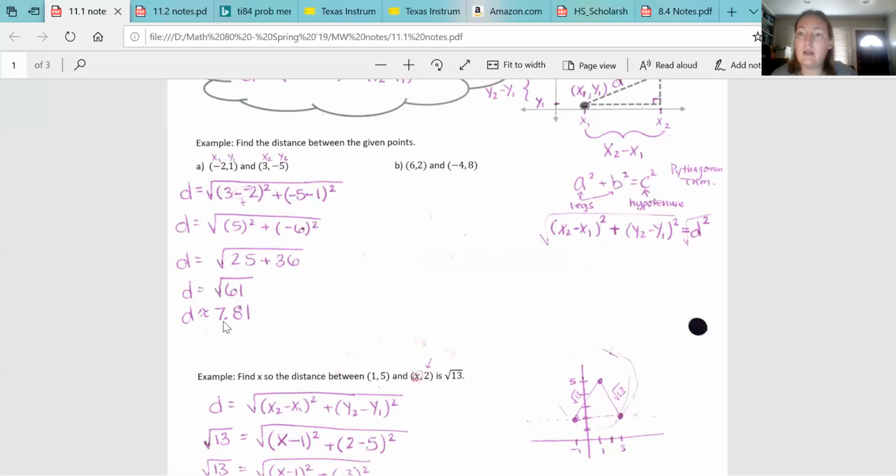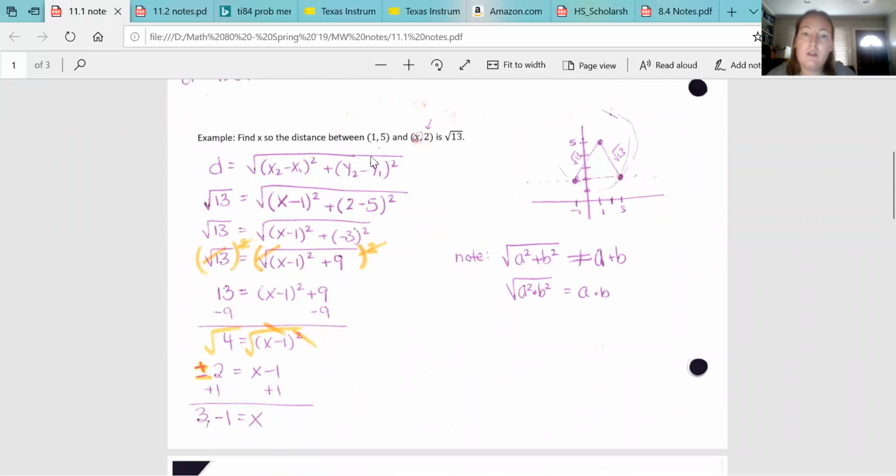Typically, tenths is good enough for graphing purposes. In any case, there's the exact answer. Square root of 61 does not simplify as an exact. However, if you work this problem out, you'll see that it actually can simplify for this problem.